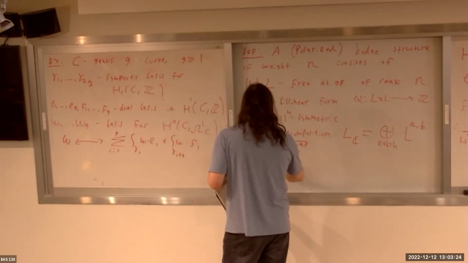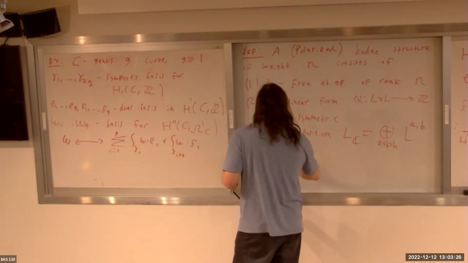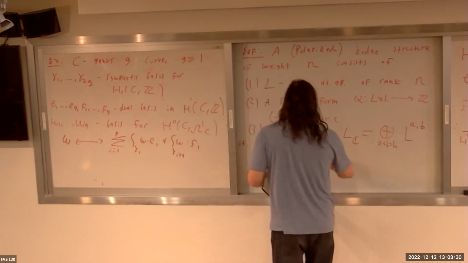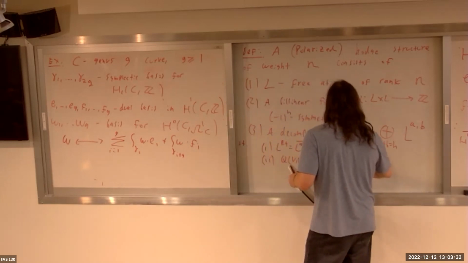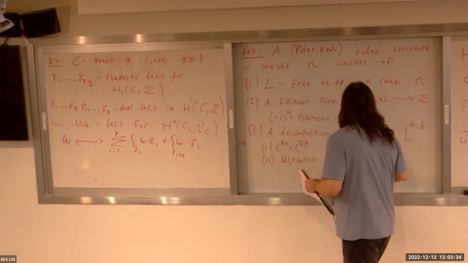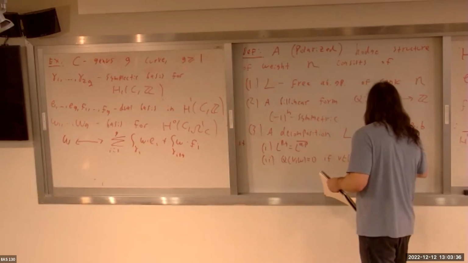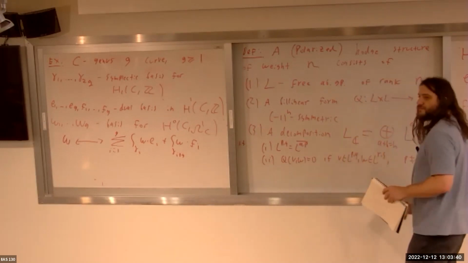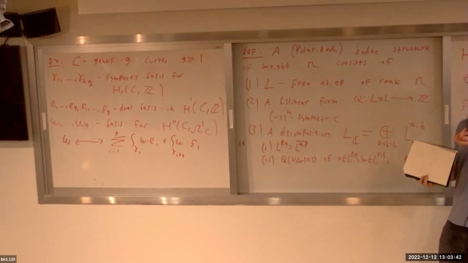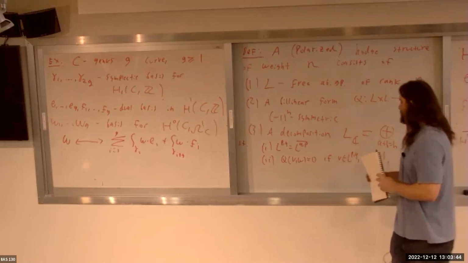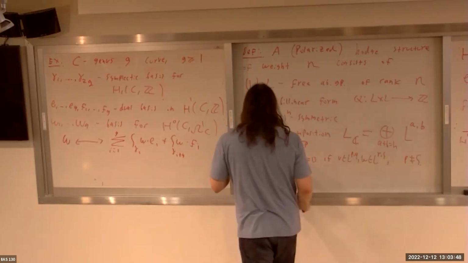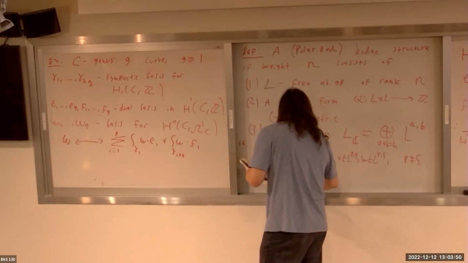Then you have orthogonality. Q of v, w is 0 if v is in L^{p,q}, w is in L^{r,s}, and p is not s. So everything only pairs with its opposite. And finally, we have this positivity, very useful.